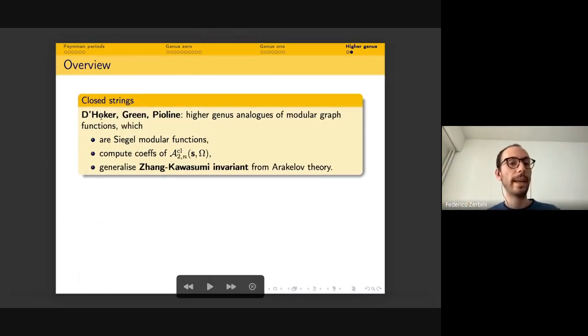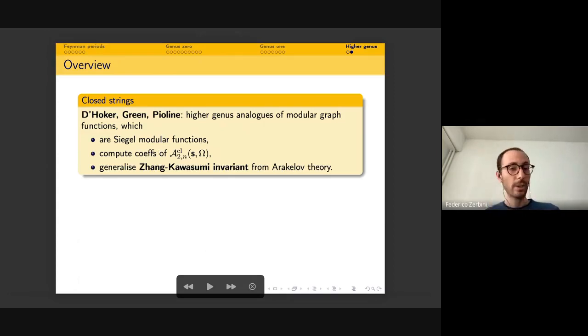Because in the closed string case, Eric D'Hoker, Michael Green, and Boris Pioline have constructed higher genus analogs of modular graph functions, which are Siegel modular functions, which compute the coefficients of closed string integrands in genus 2 with n points, and they're conjectured to compute the higher genus string coefficients too, but I think they can show this only for g equal 2 for the moment.